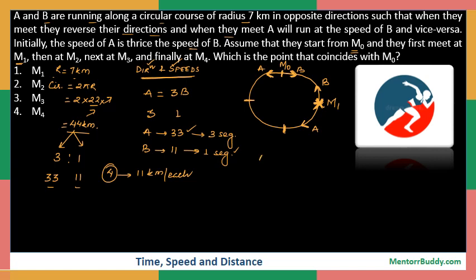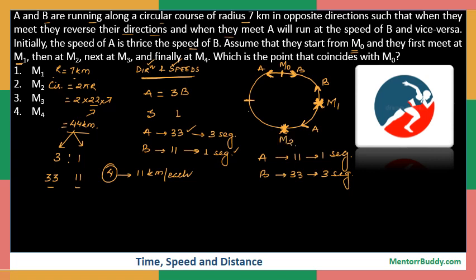But this time the speed for A becomes 11 and the speed for B becomes 33. So three segments will be covered by B and one segment by A. As we know, each segment is 11 kilometers. So when A travels from here for one segment, this is where he will reach. In the same time, B will cover three segments and will reach here. And this can be termed as M2.